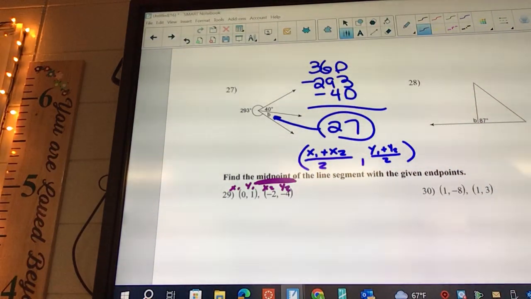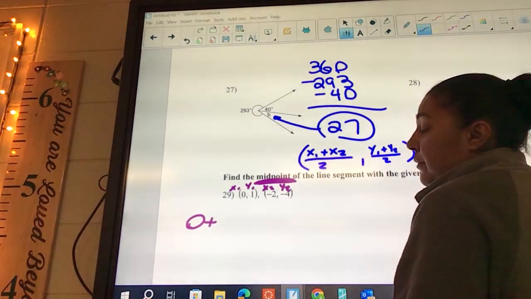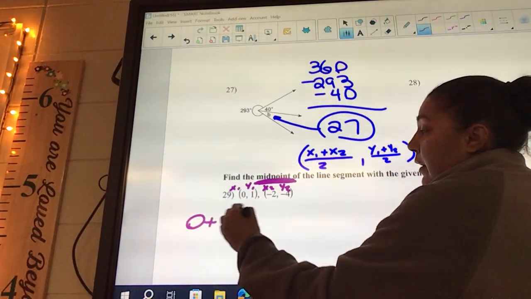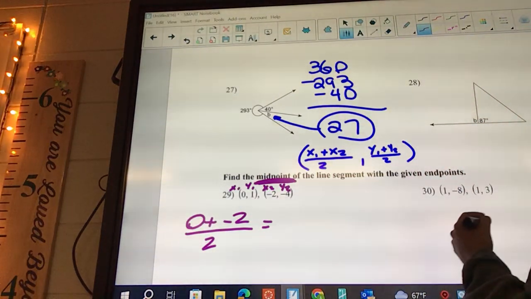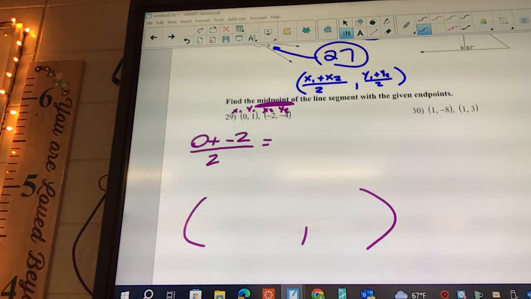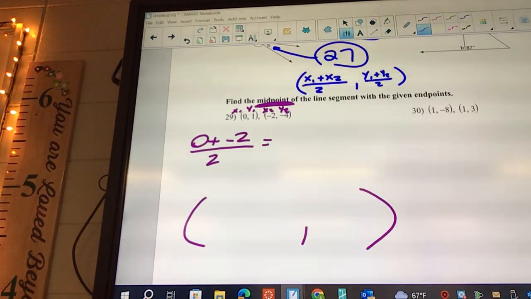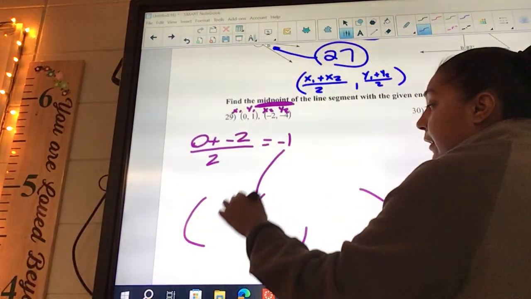Okay, what is my x1? 0. 0 plus x2. -2. Negative 2 over 2. And what is that? -1. -1, and you're going to put that here.